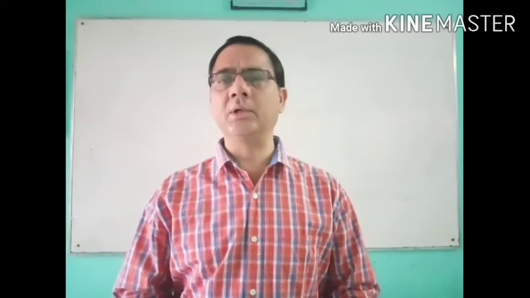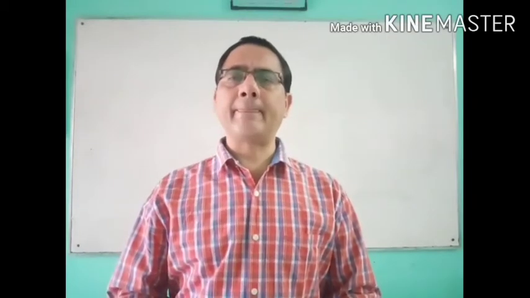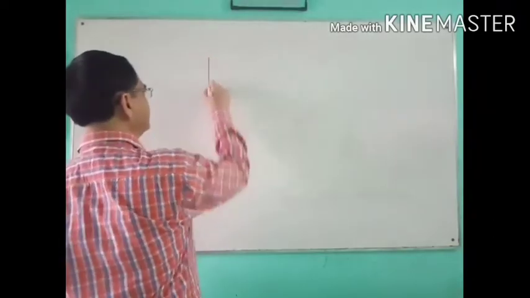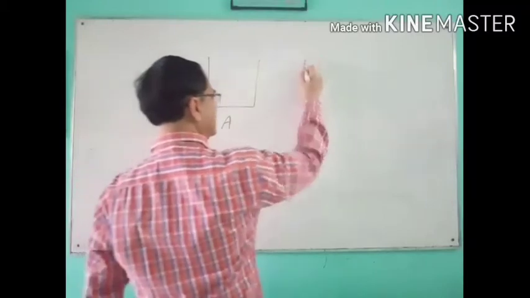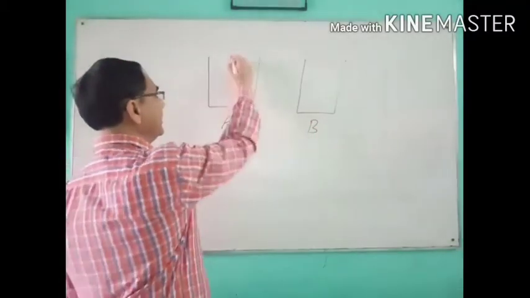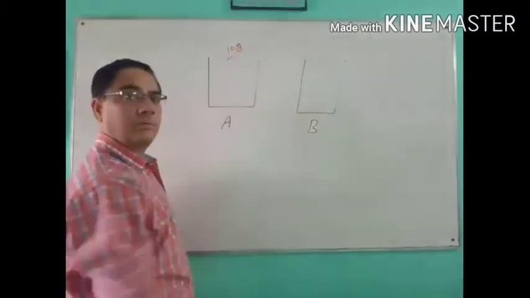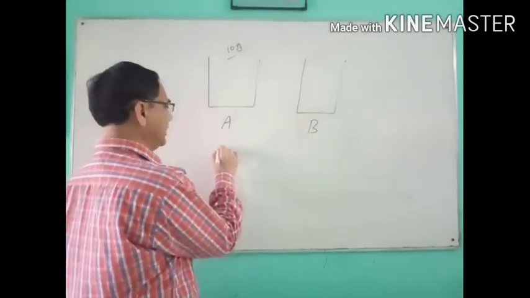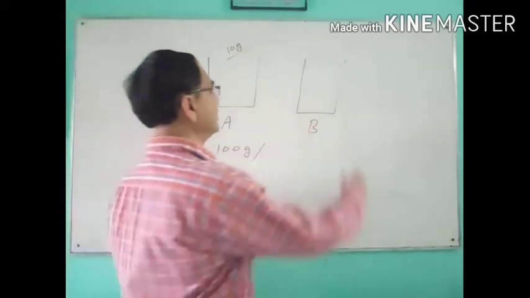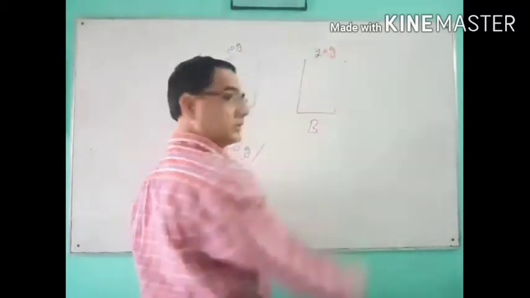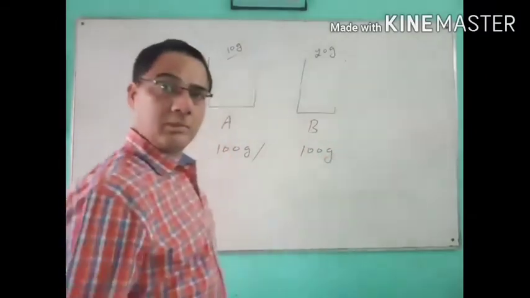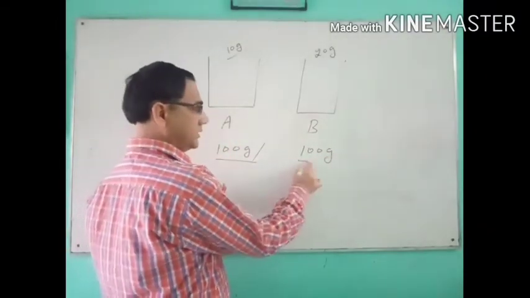For example, take one type of solution, solution A, and a second type of solution, solution B. In solution A, I take 10 gram of solute dissolved in 100 gram of solution, and in the second, I take 20 gram of solute dissolved in 100 gram of solution. Here I take 100 gram, here also 100 gram.